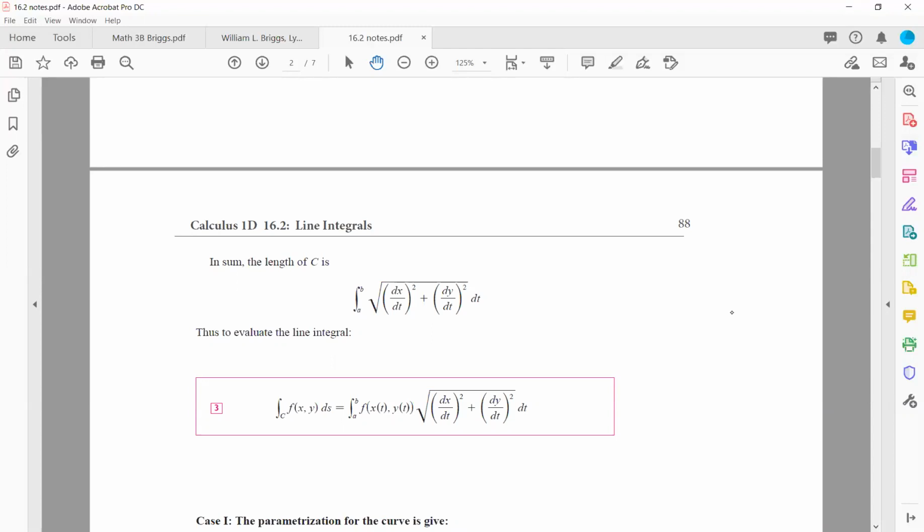And now, instead of having just ds, we have dt. This whole expression here is your ds.